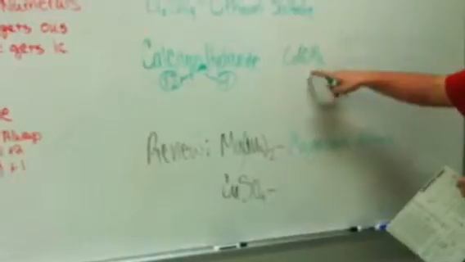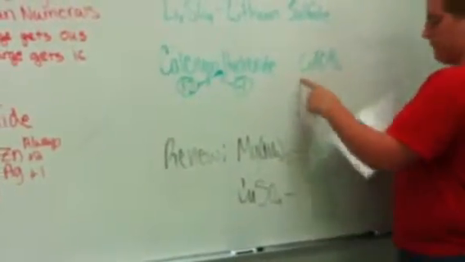Aren't parentheses just if you have more than one polyatomic, not if you just have one, right? Right. So if you just had one in the 1A metals, then this would just be like NaOH. You wouldn't need the parentheses on it.